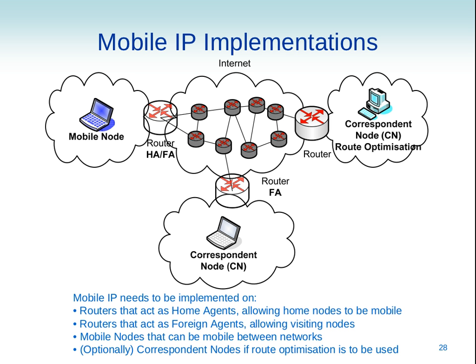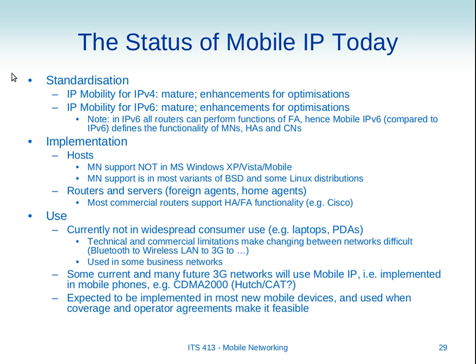Home agents support it, foreign agents do, but nowadays you need your mobile node to support it, and not many operating systems natively support mobile IP. But in the future, in mobile phone networks especially, it will be used.